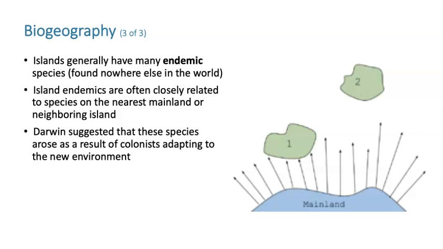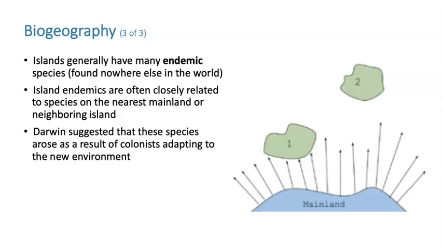So what biogeography shows us is that we see this over and over again on islands. Lots of islands have species that are endemic, again, meaning only found there, nowhere else in the world. And those endemics are related to organisms on the nearest mainland or on the nearest neighboring island.